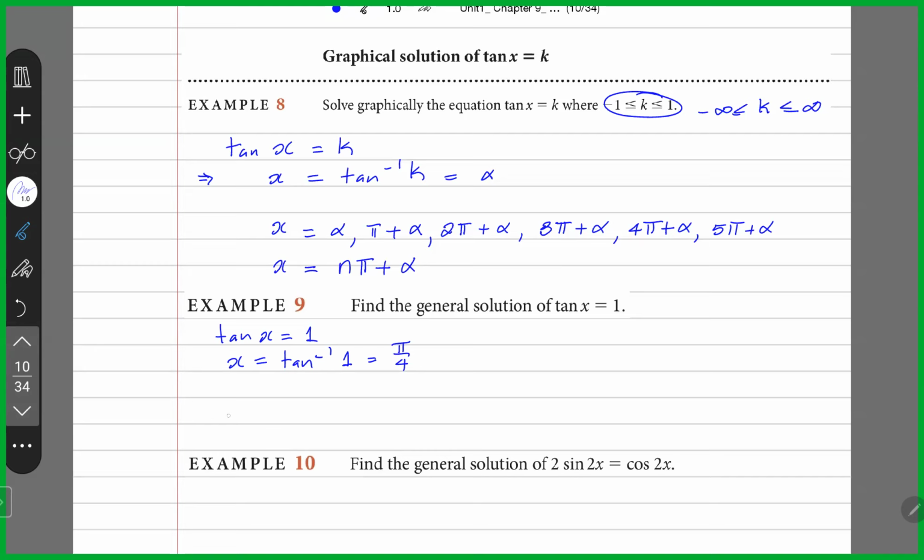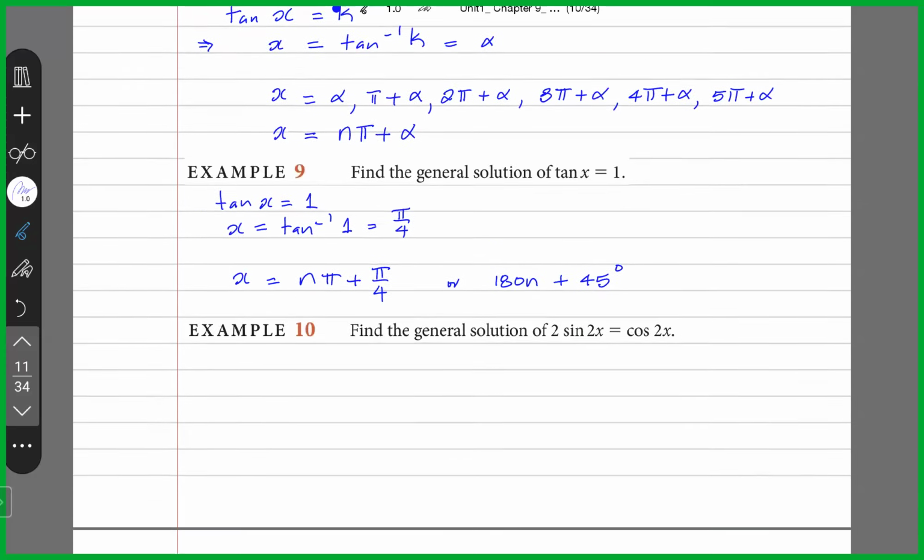So the general solution will be x is equal to n pi plus pi by 4. That's in radians. In degrees, it would be 180 n plus 45 degrees, where n is an element of the set of integers.